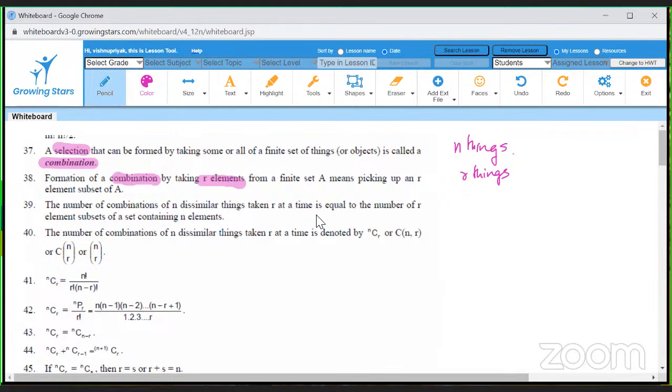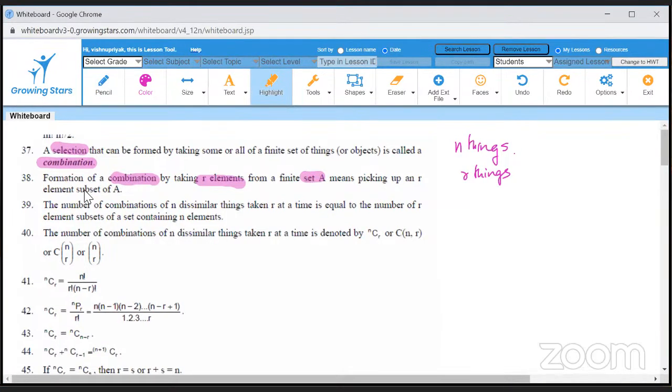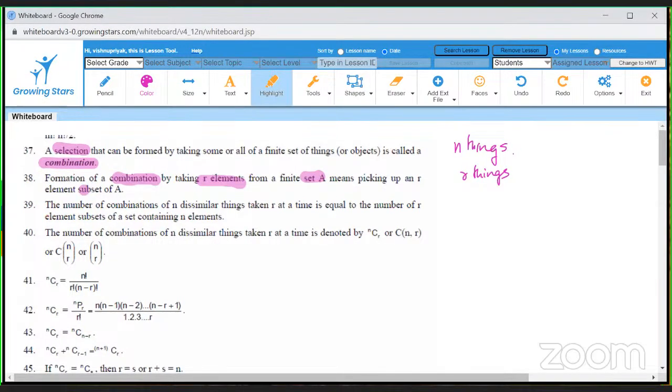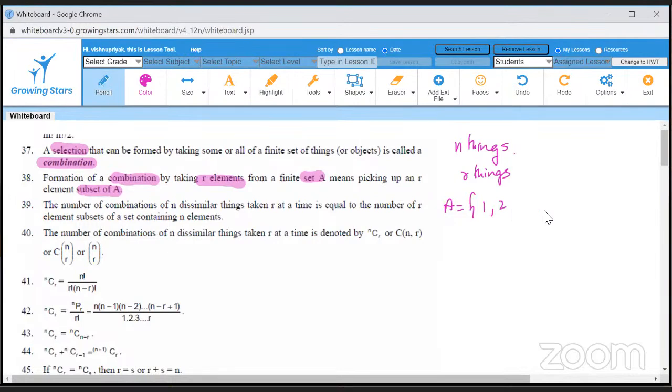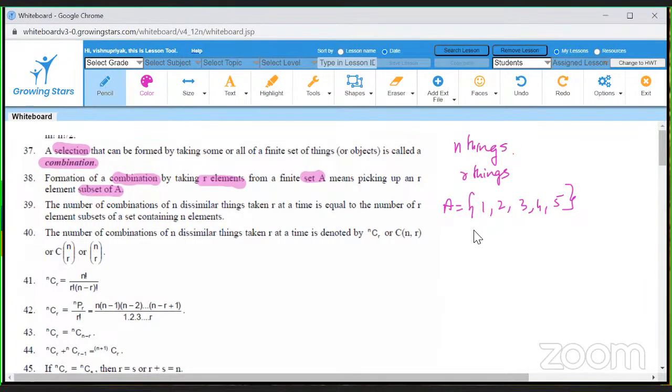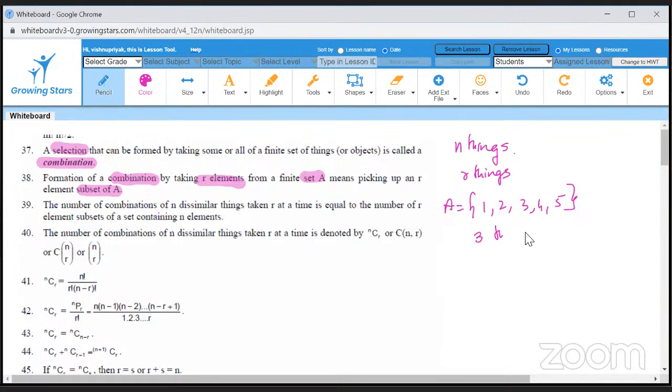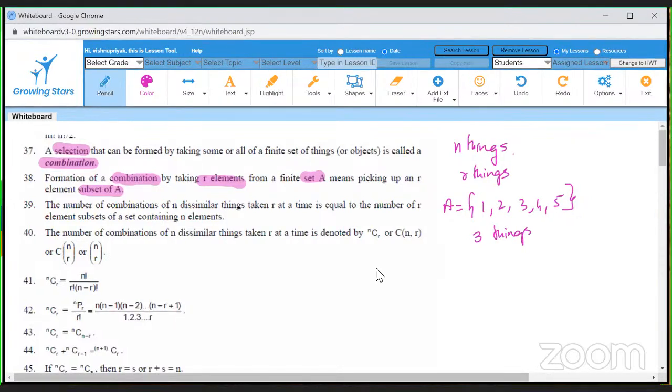So when you are taking like this from a set A, then you are making a subset of it. For example, in the set A, I will give you 1, 2, 3, 4, 5. Combination means, suppose I have to select three things. Just pick up three numbers. Which three numbers am I going to pick?